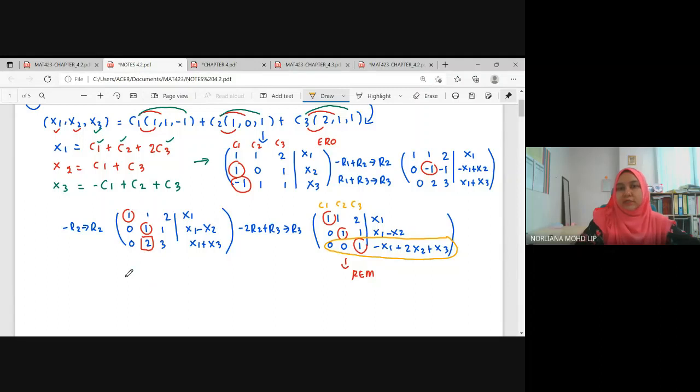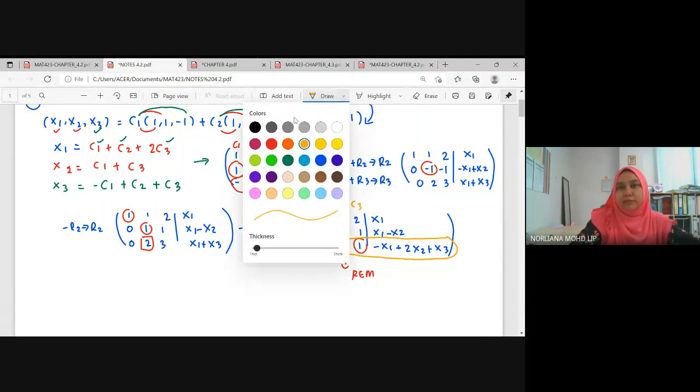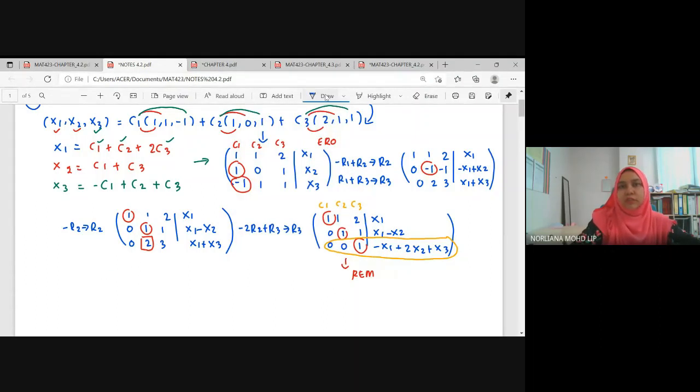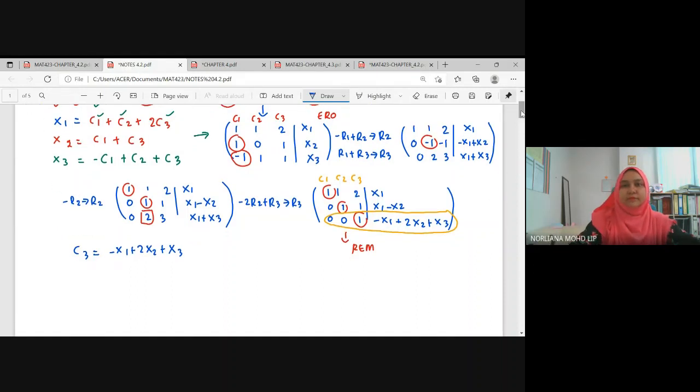Kan, kita tahu kat sini kan. So, kita akan dapat kat sini dia punya equation for C3. C3 is equal to negative x1 plus 2x2 plus x3. Maksudnya the system is consistent lah.